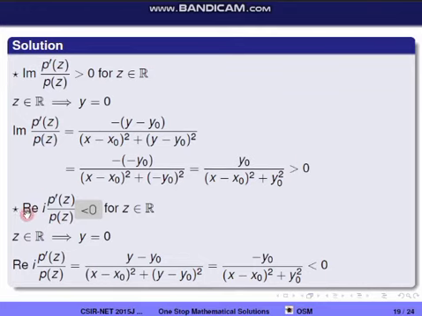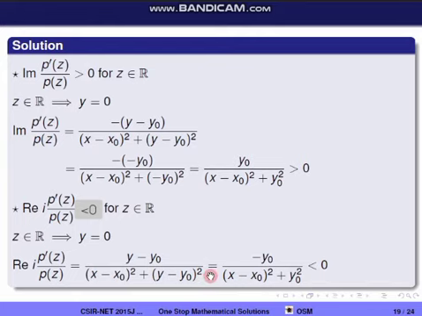Now the second option, real part of I P dash of Z by P of Z less than 0 for Z belongs to R. We'll check that. Z belongs to R implies Y is equal to 0. Real part of I P dash of Z by P of Z is equal to Y minus Y naught by X minus X naught whole square plus Y minus Y naught whole square.